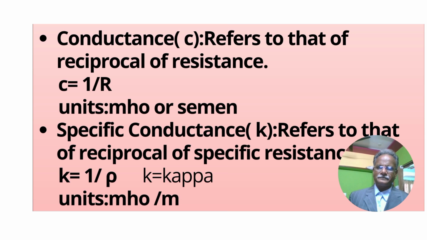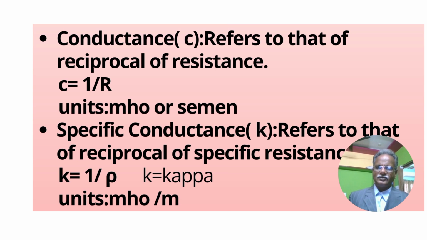Let us see about conductance, specific conductance. Conductance. Conductance refers to that of reciprocal of resistance. And in other words, it can be defined as the capacity of a substance to pass the current through itself.